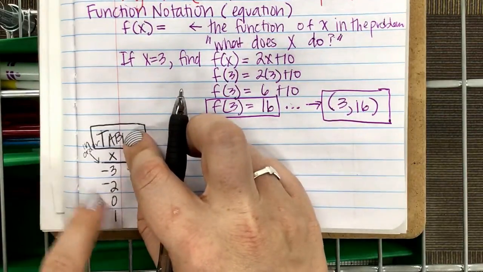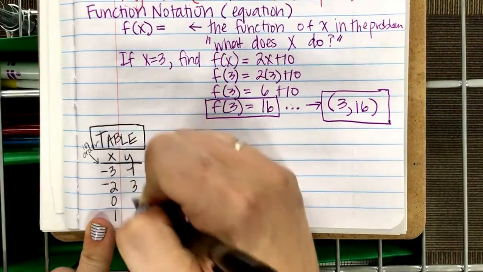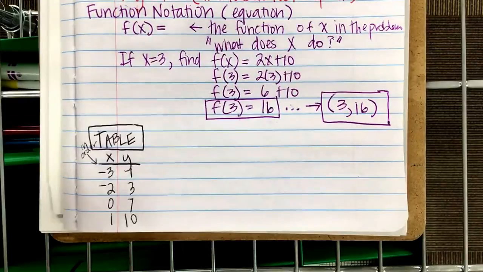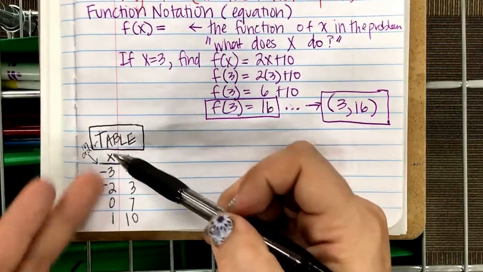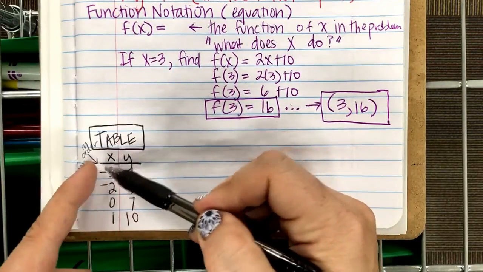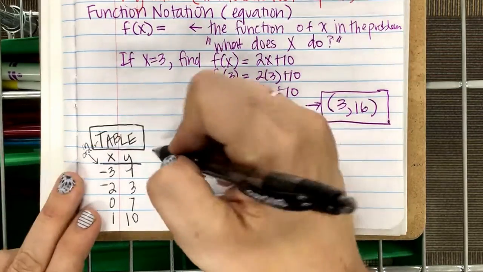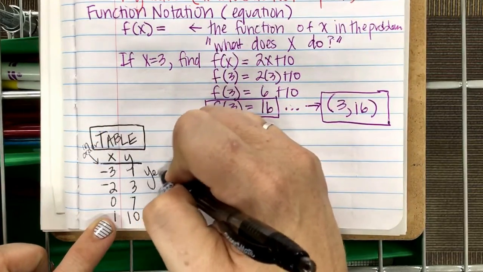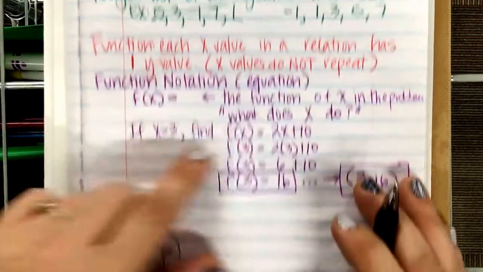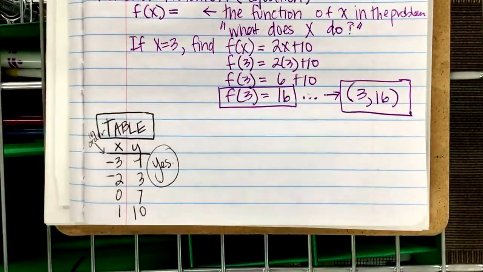A table goes in order of x values. So 1, 3, 7, 10. So they'd say, is this table, are my x values in order? Yes, I'm good. My y values belong with it, so I don't worry about that. My table, is this a function? Yes. How do you know? Because the x values do not repeat. And if I look, my x values are all different. So yes, this is a function.